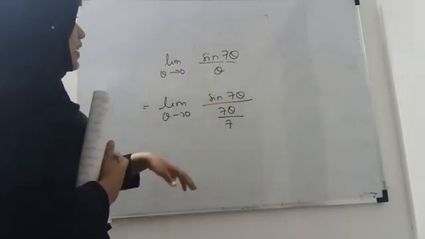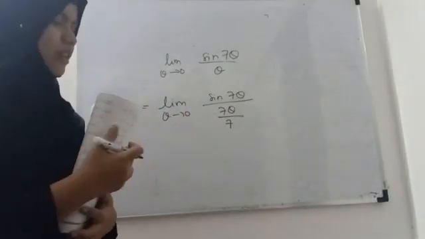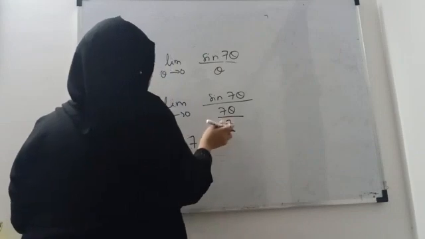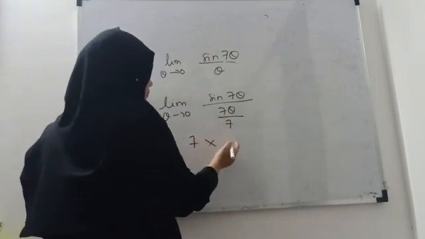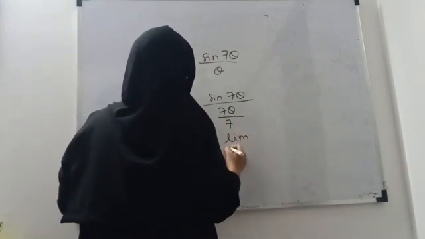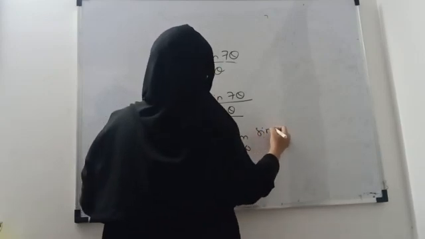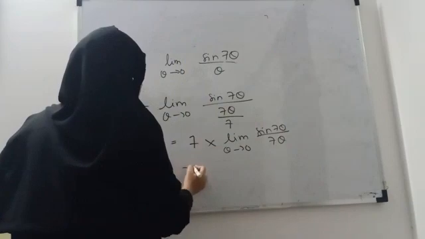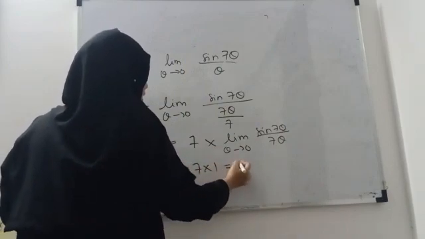Right? So we'll take this 7 out of the limit because this is the constant. So here it will be 7. It will come into the numerator, right? We know that the value of this is equal to 1. So the answer will be 7.